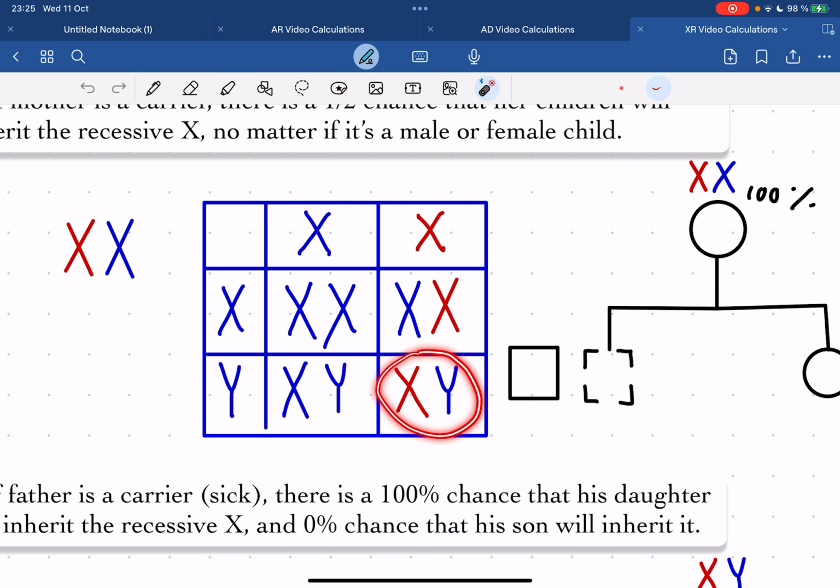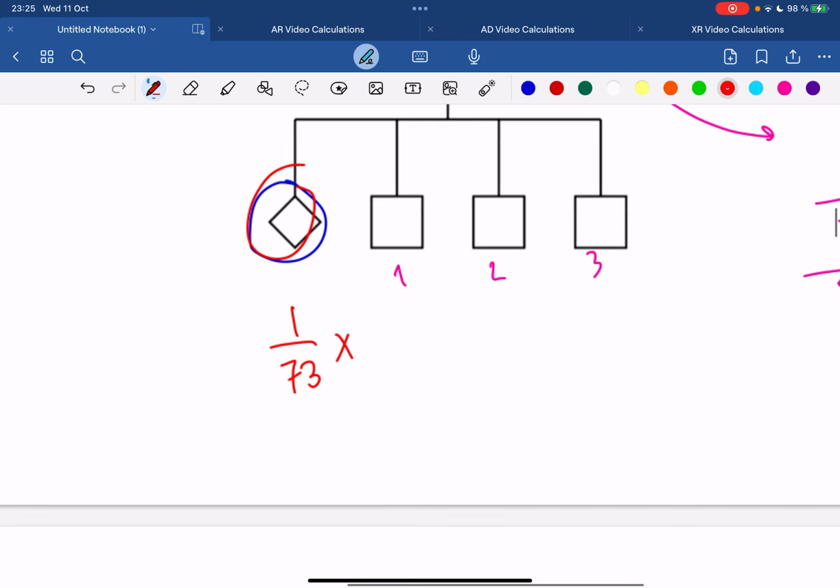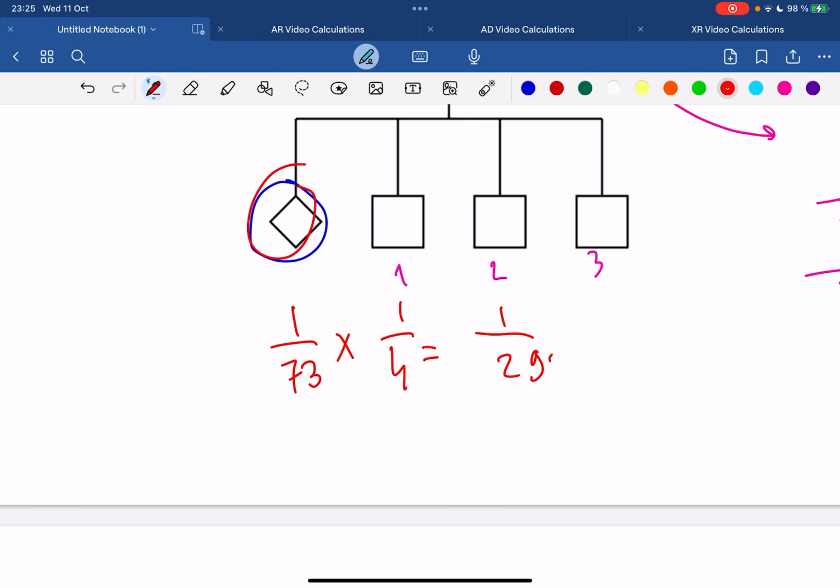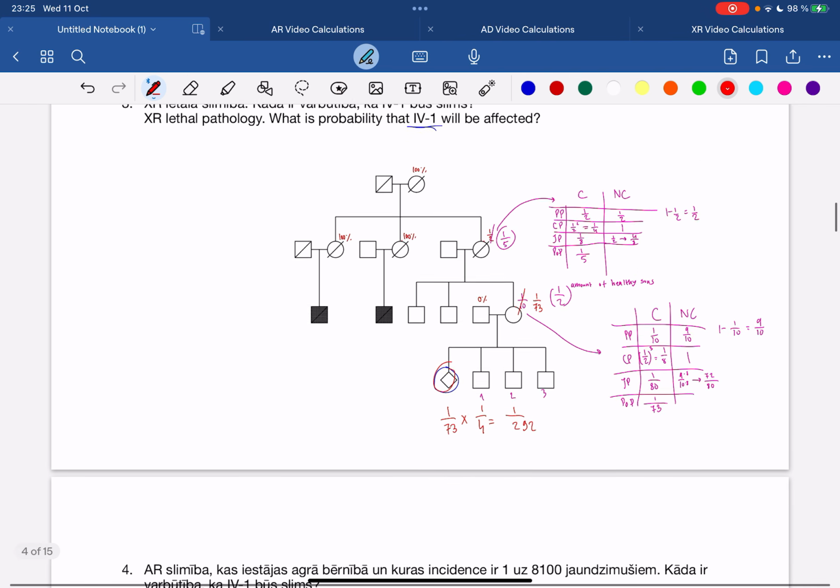Instead, we're looking at this right here, and it's just 1 out of 4 in total, right? So we have to write 1 out of 4, and that is equal to a number that I don't have written. So let me just use my calculator. 73 times 4. 1 in 292. There we go. So that's the end of that one.